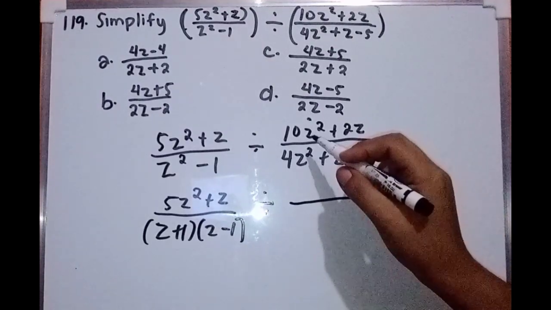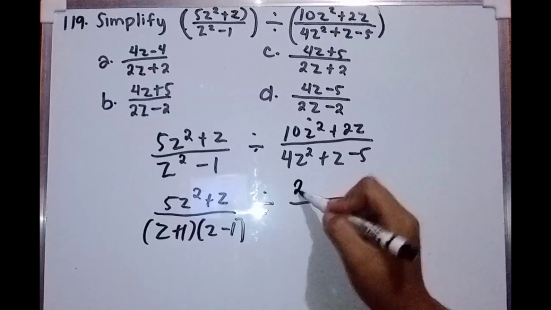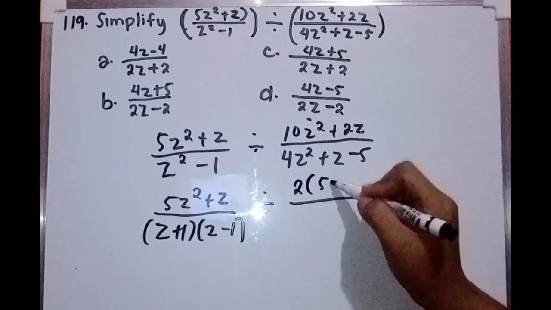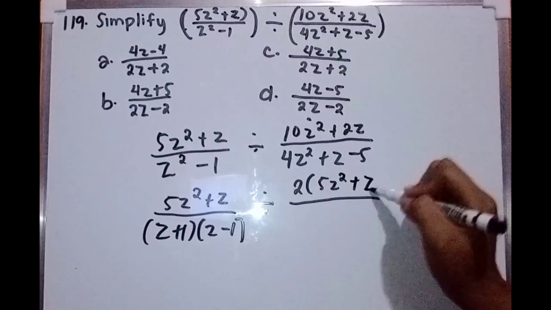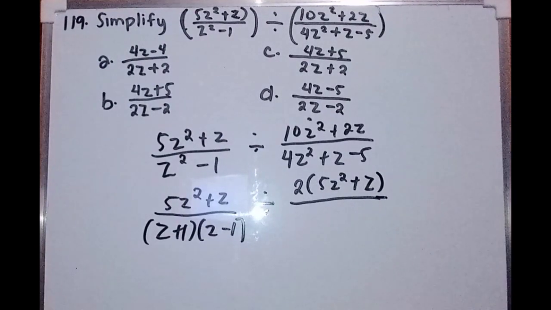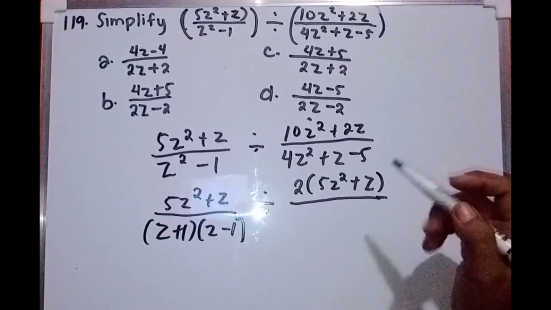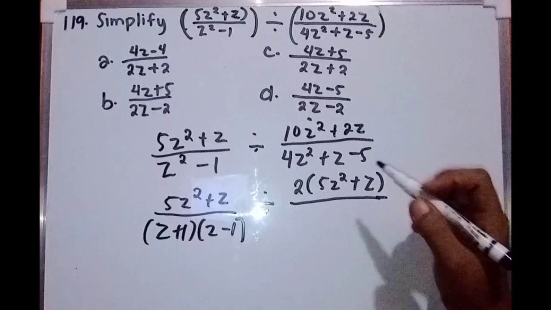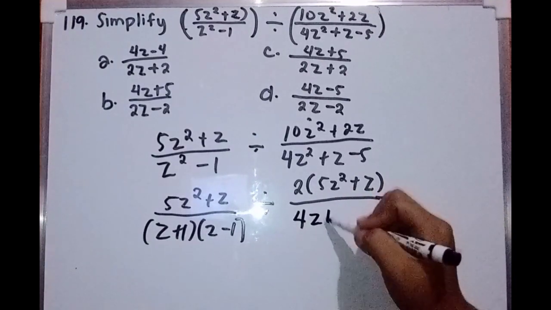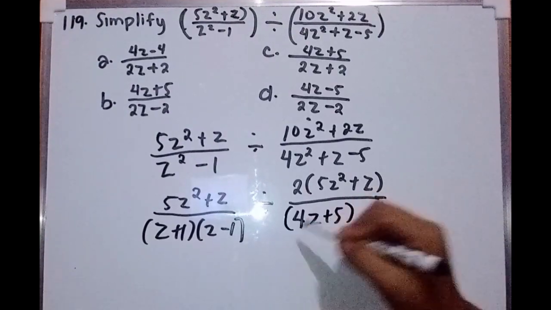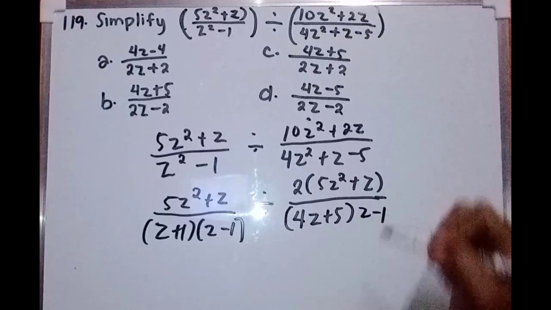We will get the factor of 10z squared plus 2z, which is 2 times 5z squared plus z, over the factor of 4z squared plus z minus 5, which is 4z plus 5 times z minus 1.